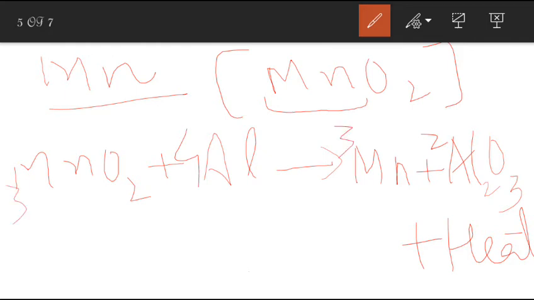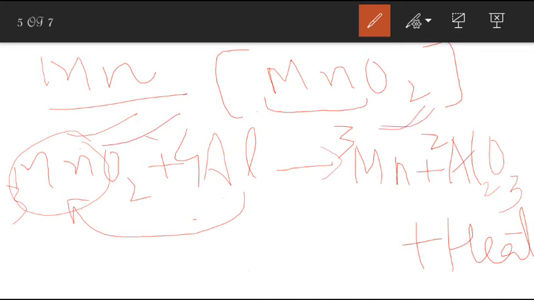So this is the reduction of manganese oxide by aluminum. Aluminum is more reactive than manganese, so it will displace it. Manganese will be extracted from this oxide, and we will get manganese in the free state. So this is also a type of reduction as well as displacement reaction.